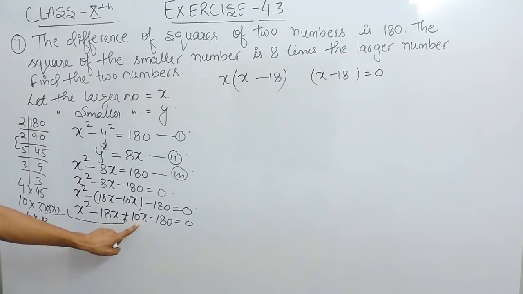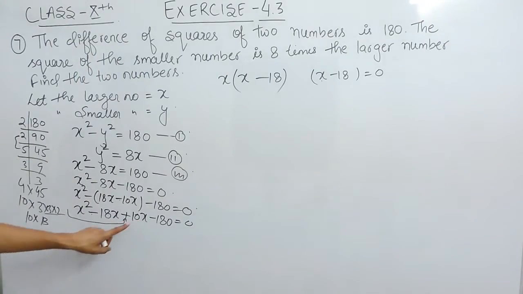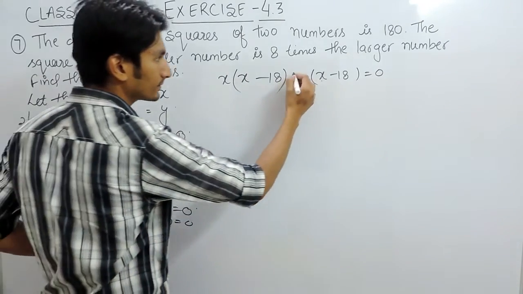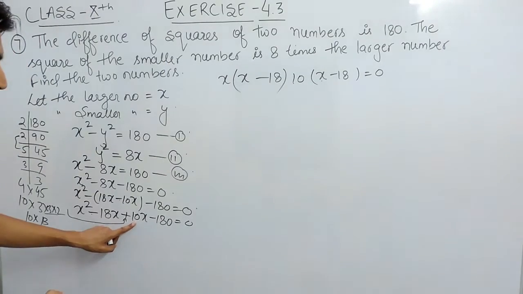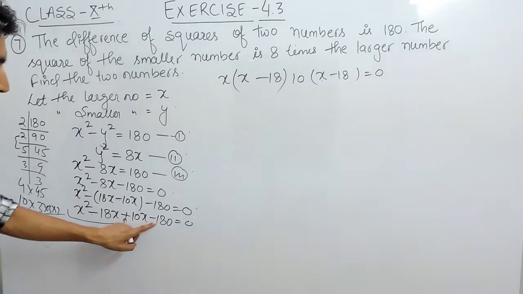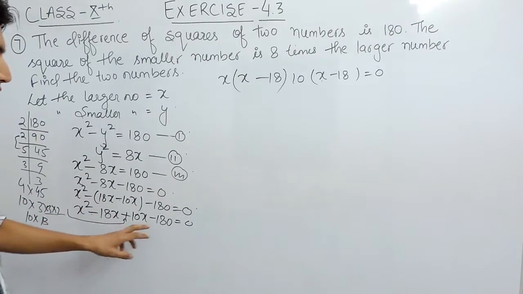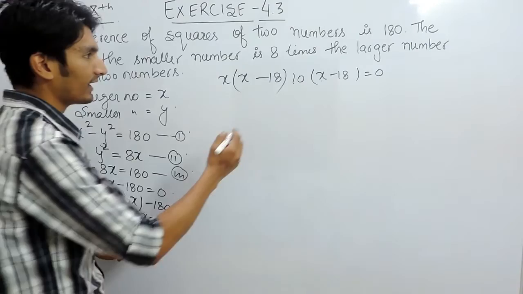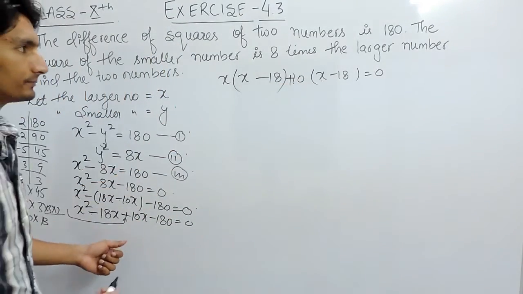So clearly here it is 10x and you have to make it x. So we can simply take 10 as common. From 10x, if 10 is taken out, only x will remain inside the bracket, and from 180, if 10 is taken out, only 18 will remain inside the bracket. And you have to take plus 10 because the signs are the same.